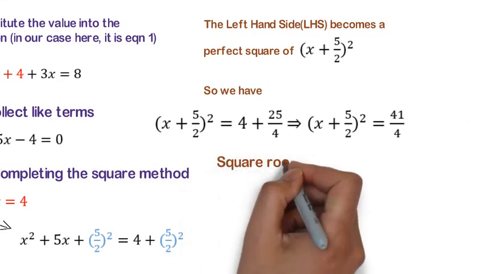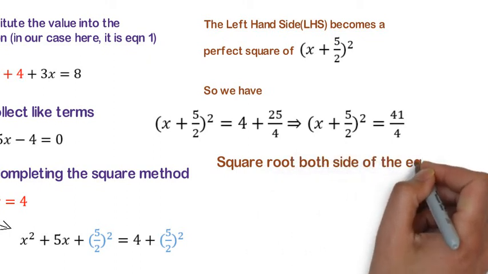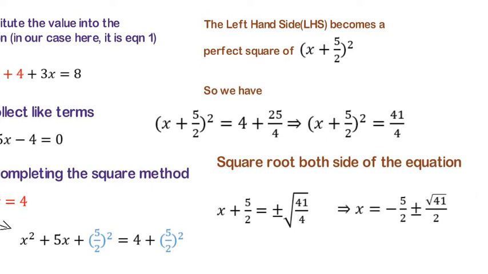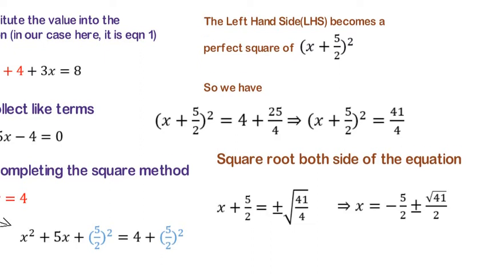We take the square root of both sides of the equation. We have x + 5/2 equal to plus or minus the square root of 41/4. This will give us x equal to −5/2 plus or minus the square root of 41 over 2, since we have taken the square root of both sides.